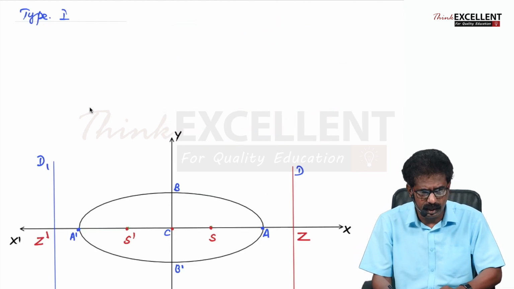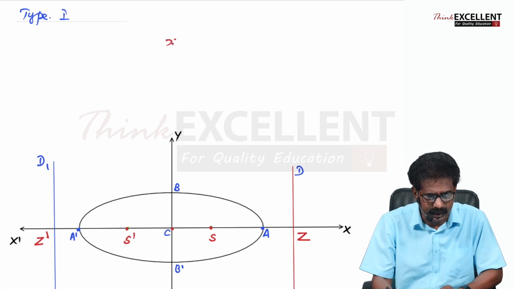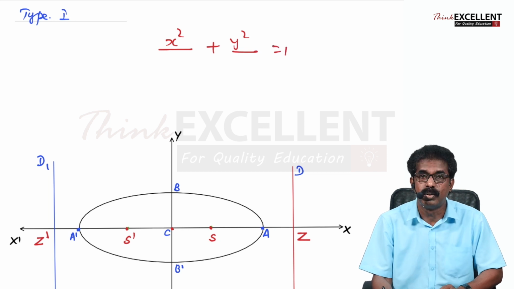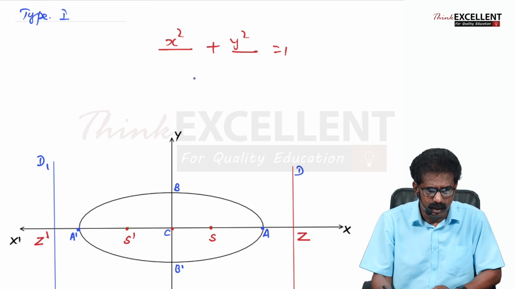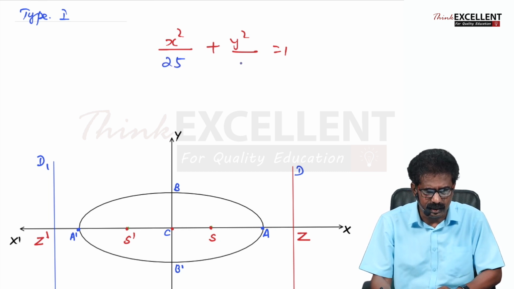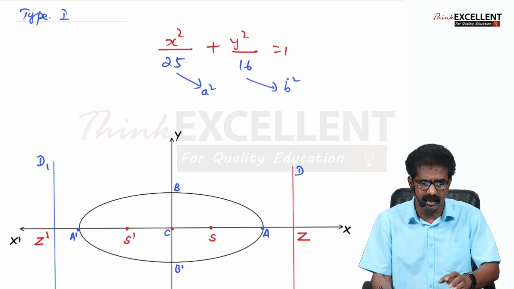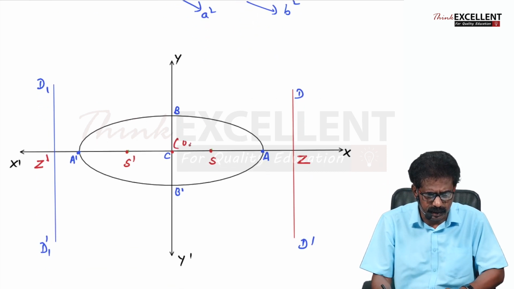Then we studied ellipse. There are two types. The first type ellipse, how can you identify? It is of the type x square by something plus y square by something equal to 1. You see the denominator. So for the first type, greater, smaller. For example, here 25 and here it is some 16, like this. So the greater one is a square, right? This is a square and this is b square. You can find eccentricity. And you know the formula, center is what? 0, 0.